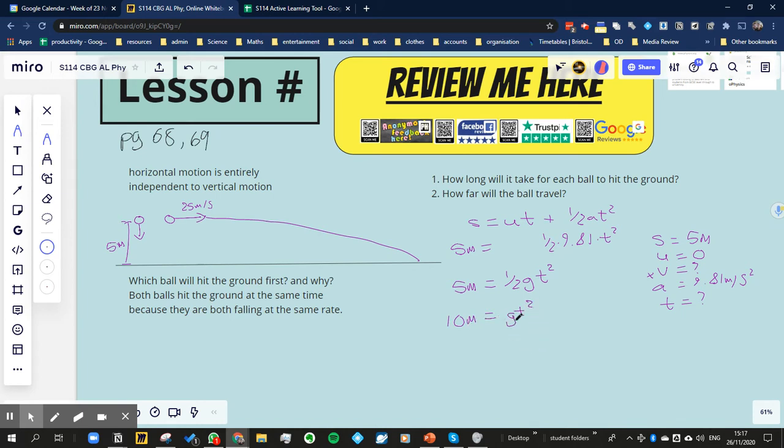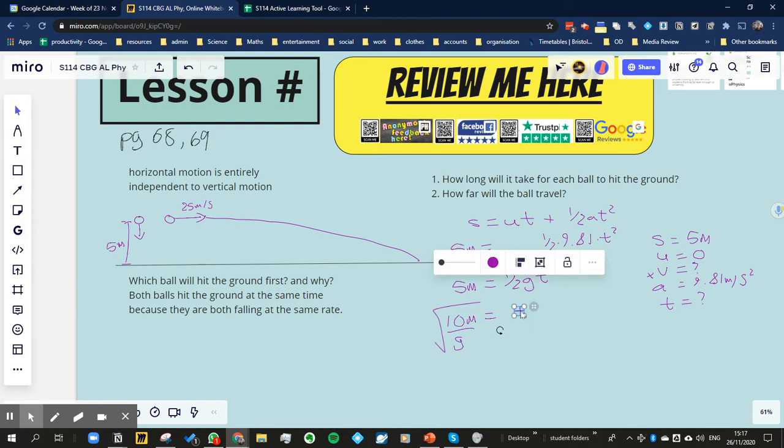Then I'm going to divide both sides by g. So I put the g over here and underline it. And then I square root both sides, and that's t. So we've got our value for t. To be honest with you, at this point I'm not even going to put it into my calculator. I'm just going to leave it as 10 meters over g, all square rooted.